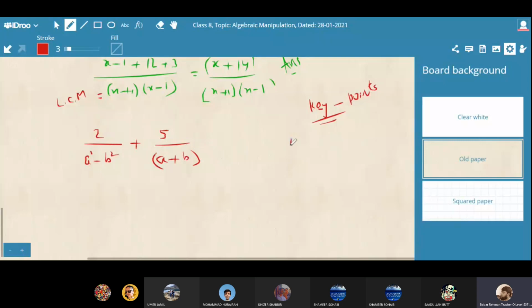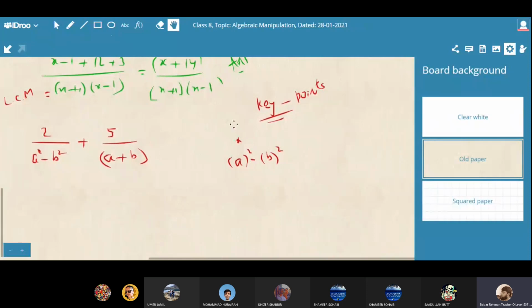Okay, now this key point tells us in the fraction, in the denominator we are getting a square minus b square. We know the formula of a square minus b square. Please share with me right now. Hurry up, students.